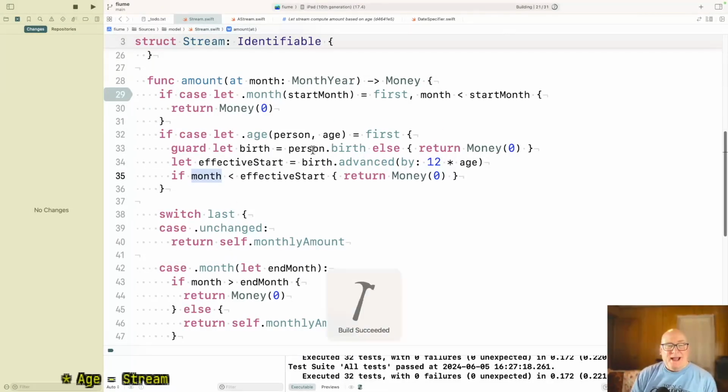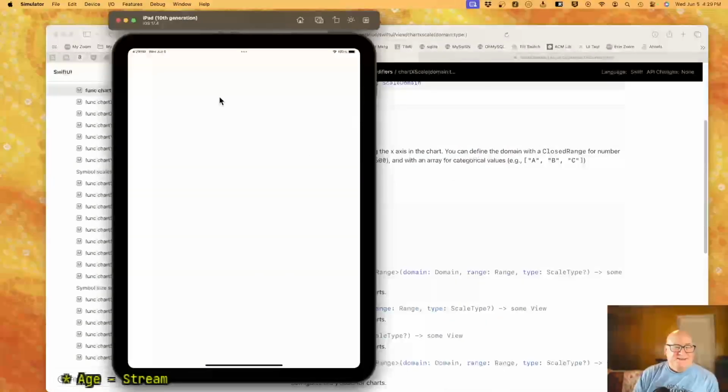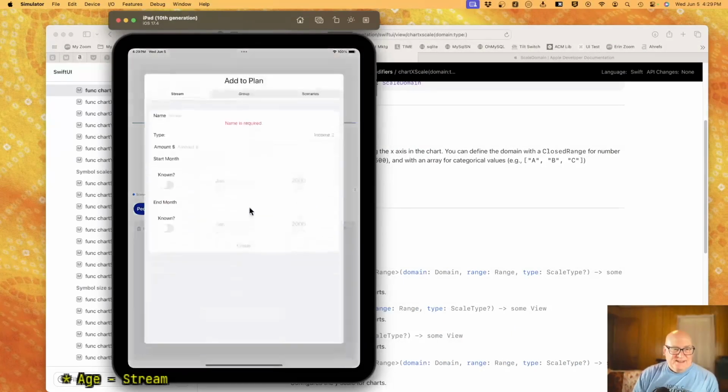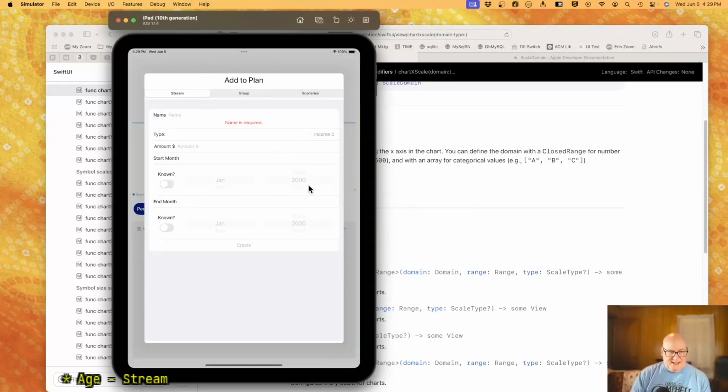Okay, well, we've done the back end. Right, if I add a stream, one way is to specify the month it starts as a date or leave it blank, but I need a way to say age as well. So that gives us a place to start tomorrow.